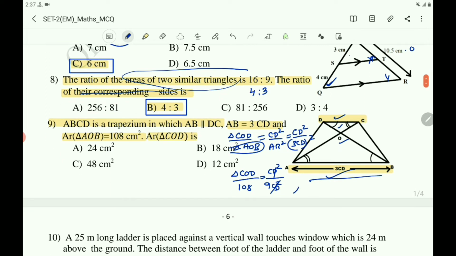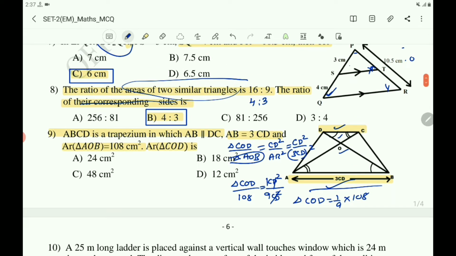So you can get area of triangle COD equals 1 by 9 into 108. Here you got the ratio 1 by 9, because areas of similar triangles are proportional to the squares of their corresponding sides.